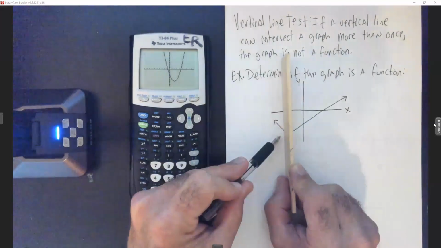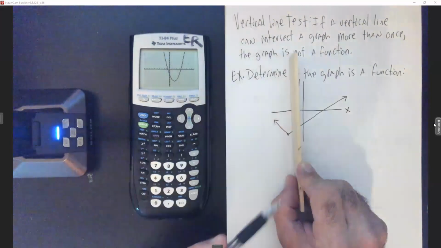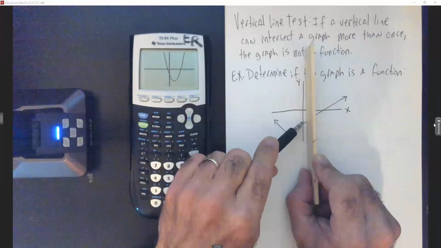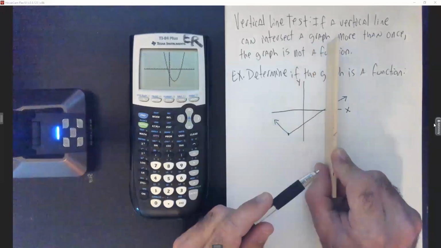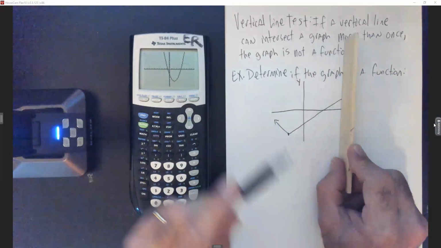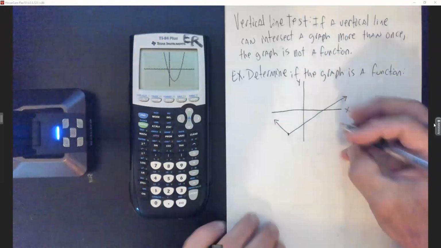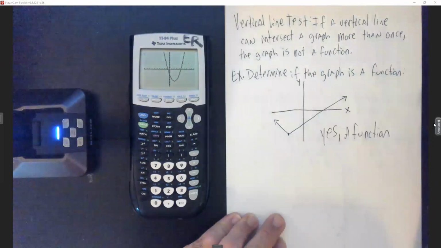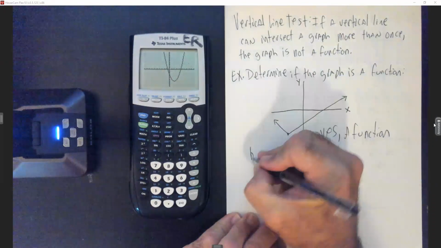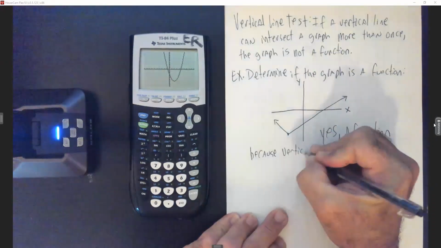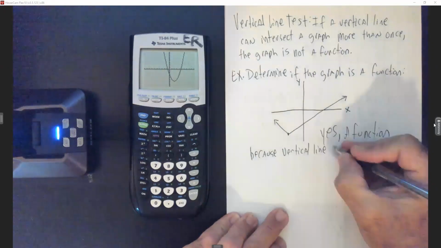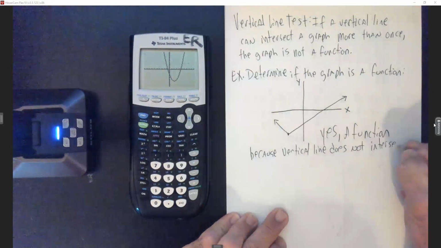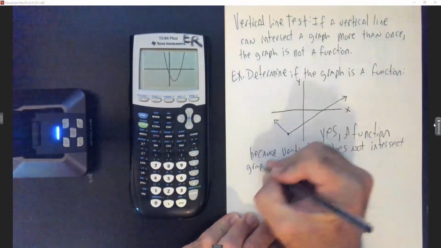It's only intersecting once down here, once here. No matter where I put my vertical line, it only intersects that graph once. So this is, yes, a function, because a vertical line does not intersect more than once.